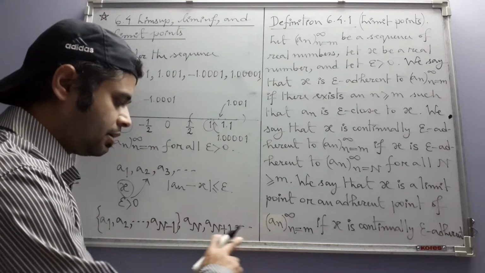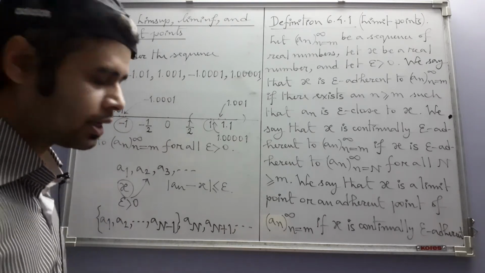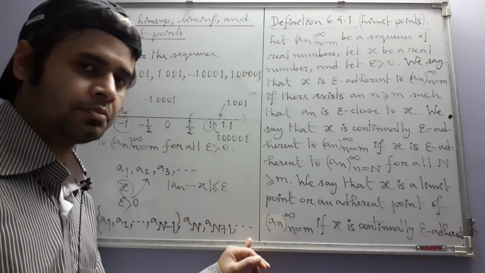Whatever is remaining, x is epsilon adherent to that. That means x becomes close to some term here.